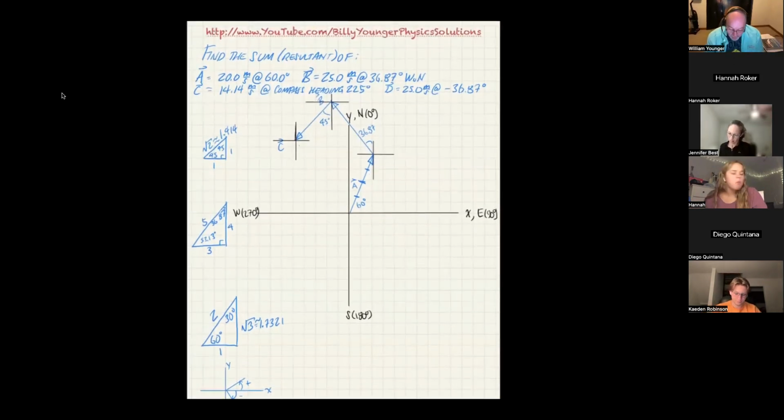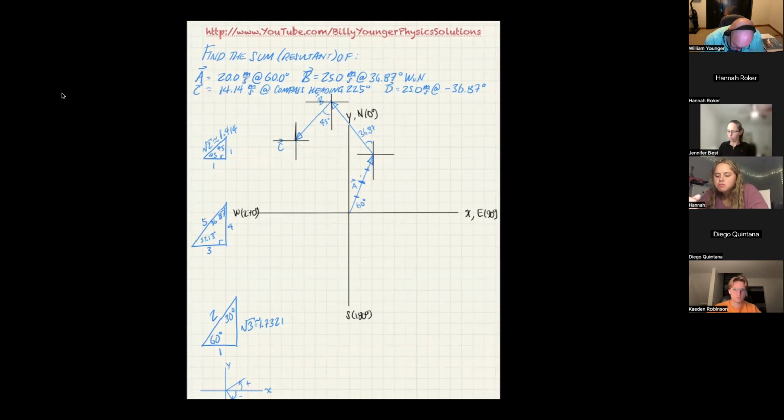It's good enough. Okay, so at the end of vector C, I got to put vector D, which is supposed to be the same length as the second vector, only this time it's negative 36.87. So my vector should roughly point somewhere around in there, or at least that length. Now I'm going to try to draw the vector to that spot, making sure it's a little bit bigger than 30 degrees.